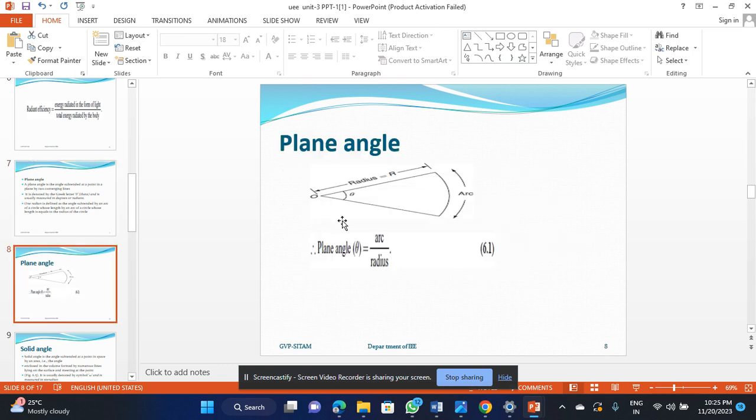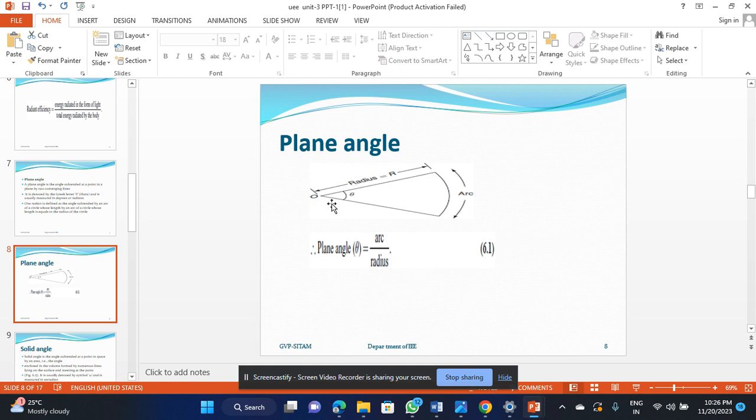If you see the diagram, this is our theta. This is our light source. From the source, the light is radiated. It has a radius and an angle theta, which makes an angle from the illumination, that is, the luminous flux lines.